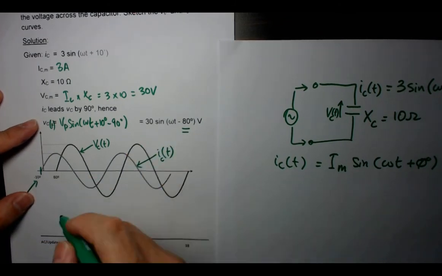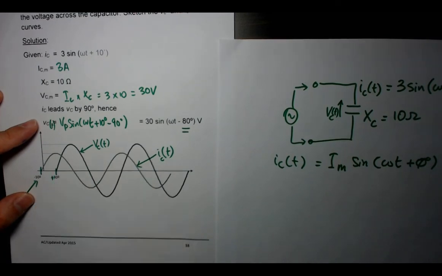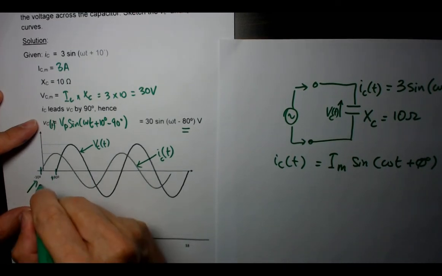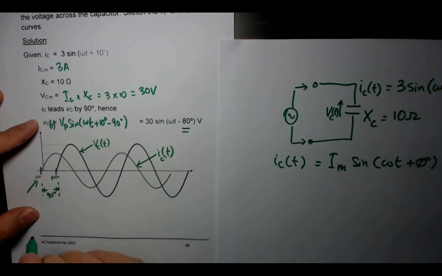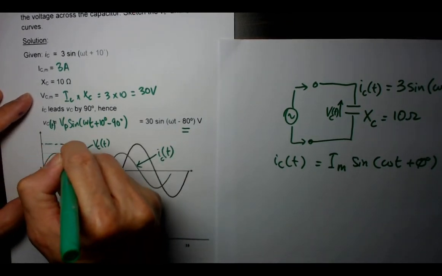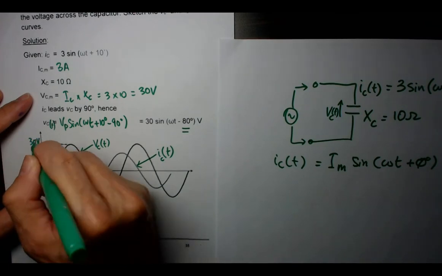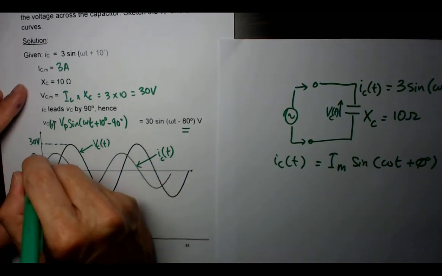Voltage is minus 80, so it's plus 80 at this point, right? So the phase angle difference is still 90 degrees, where the maximum value of the voltage is 30 and the maximum value of the current is 3 amps.